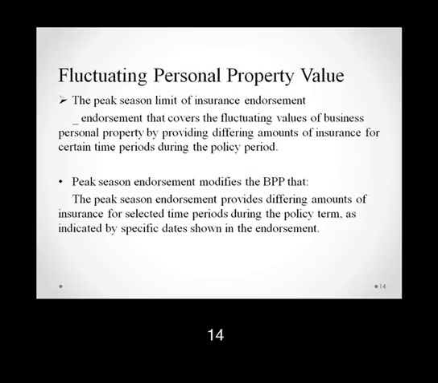However, he read a forecast that new housing construction in the local area is going to rise sharply in late spring, and consequently, he increased his inventory level in late spring. Now notice that we said that usually peak season will be summer, so he had a peak season insurance endorsement with peak season being summer.